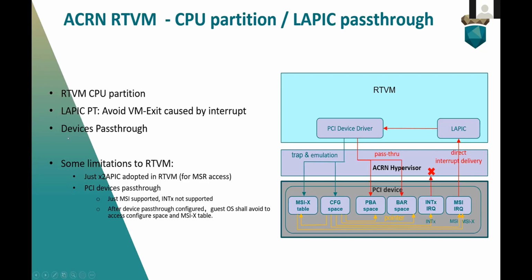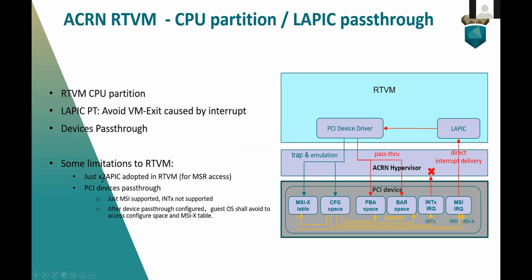And the third one is device pass-through, usually like the network or storage, which we pass through to the RTVM directly. But there are some limitations for RTVMs we need to pay attention to.